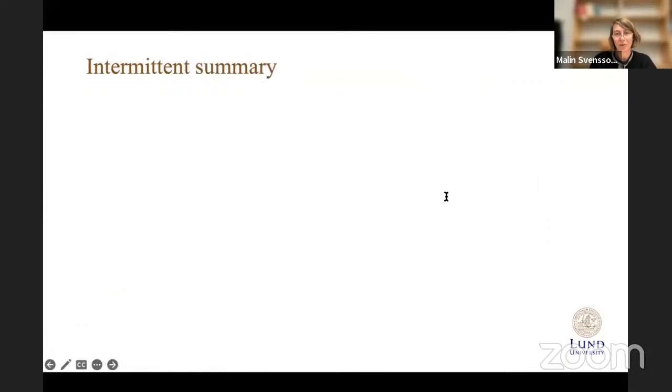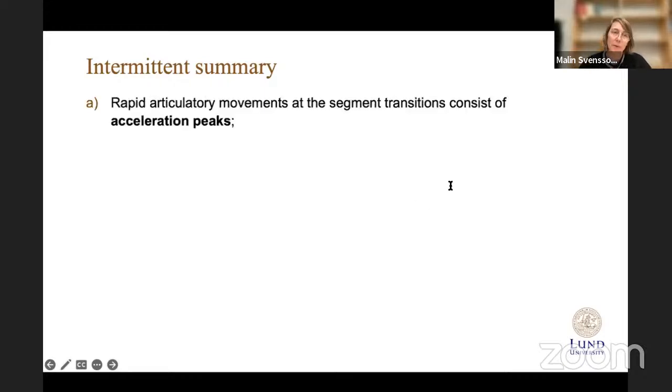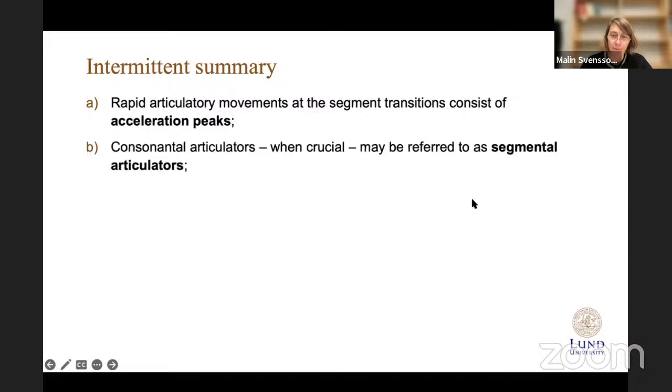So let's just recap for a second. What do these results tell us? Well, rapid articulatory movements at the segment transitions consist of acceleration peaks. This is valid for crucial articulators. And the consonantal articulators, when they are crucial, can be referred to as segmental articulators.